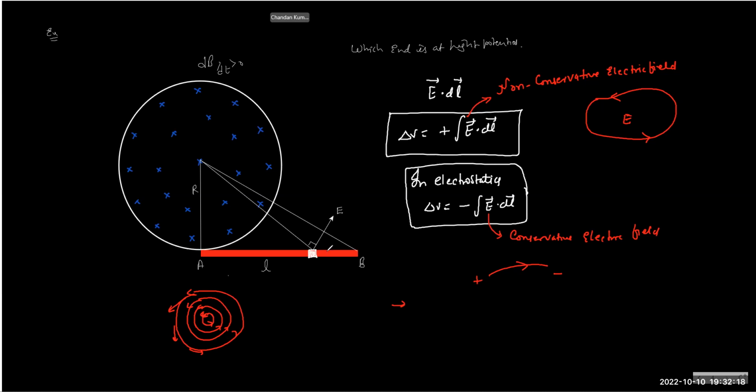So definitely the E parallel is facing towards B, right? And that is sufficient for you to understand which end is going to be at high potential. Yes. Understood?